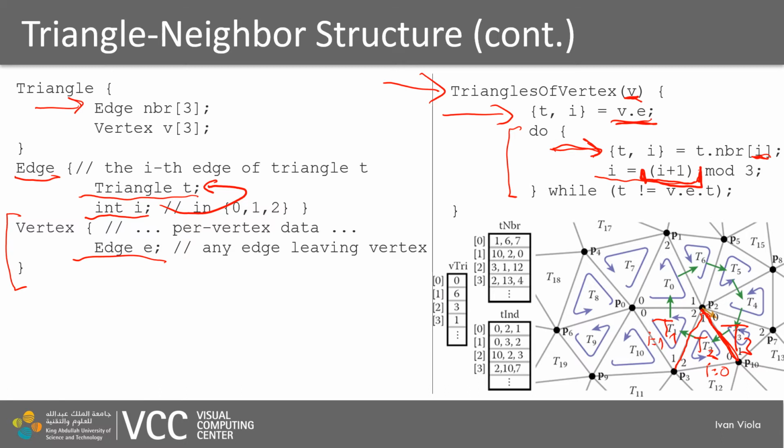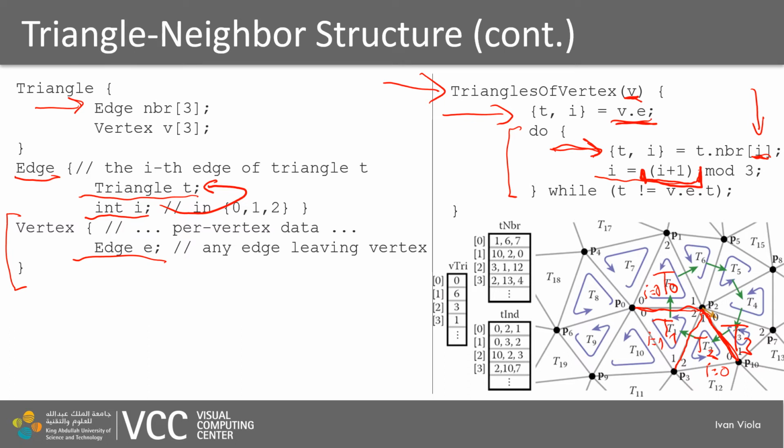Then we simply increase the I again to 2, and this is this edge within the triangle 1. For that again, we can compute the neighbor, and it will be the T0. And the T0 has the pair T0, and the index of the incoming edge is I equals 0.